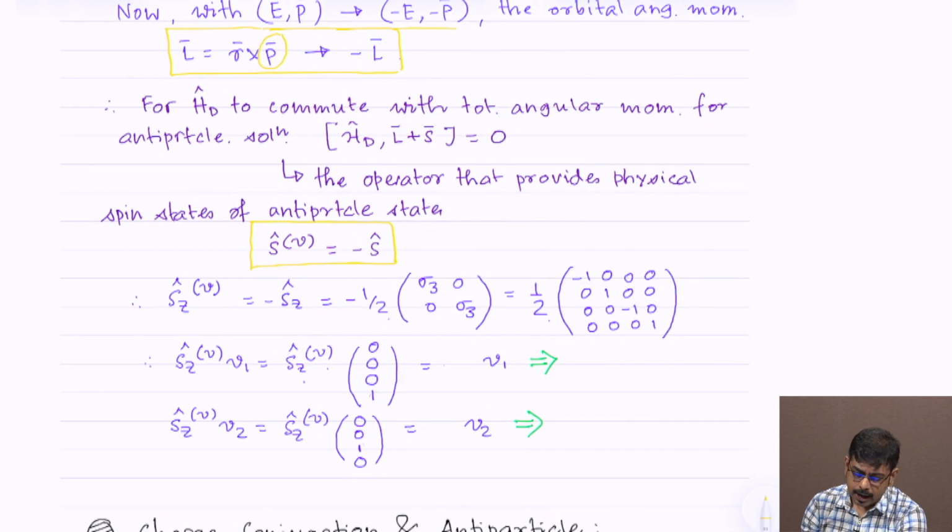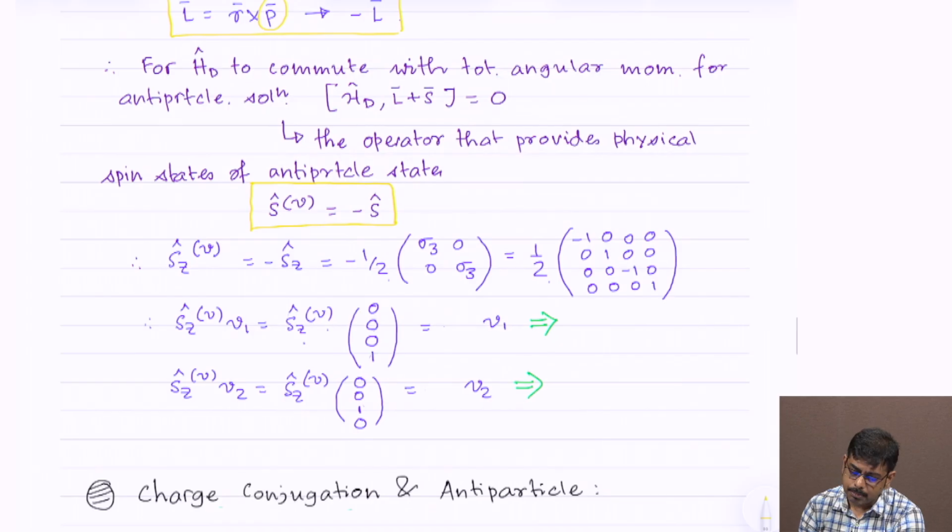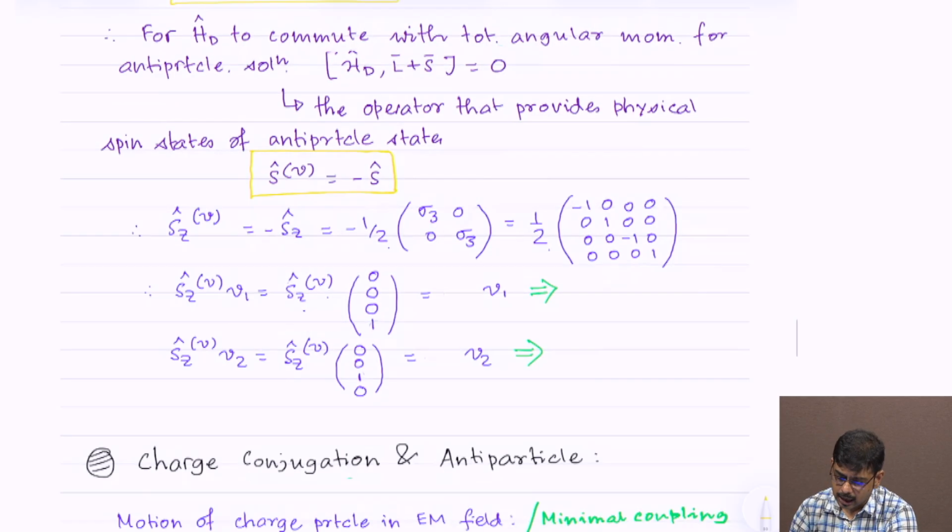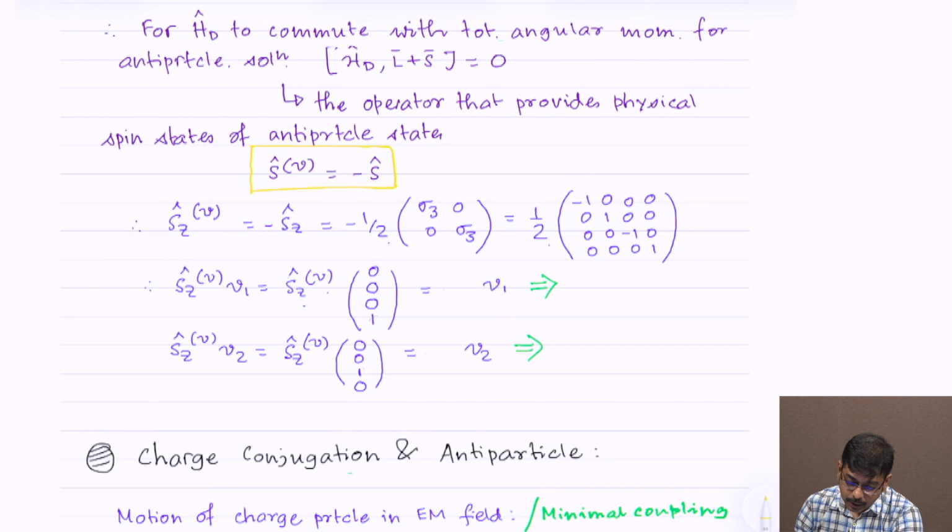So, for example, Sz of V will be minus of Sz, and we can simply define it as minus half of the matrix sigma 3, 0, 0, sigma 3, which, once you put the values of sigma 3, turns out to be the diagonal matrix minus 1, 1, minus 1, 1, right. Now, if you operate this Sz V with this negative sign up front, acting on the V1 spinor, which is defined as 0 0 0 1, what are we going to get?